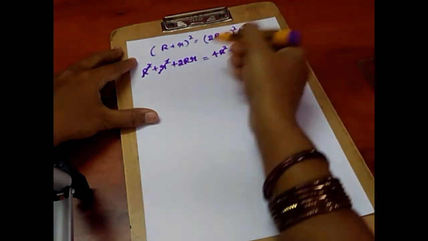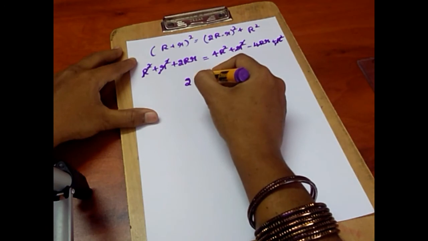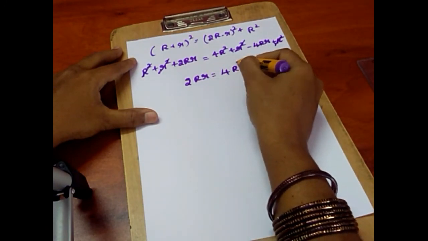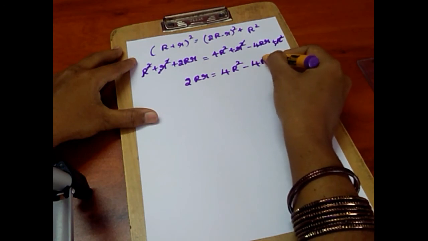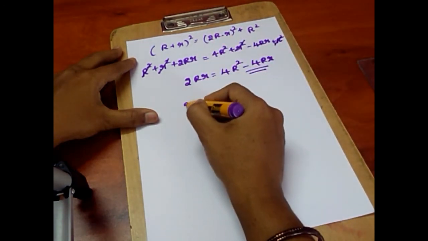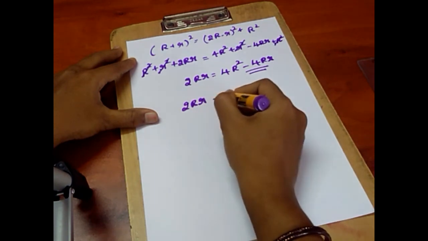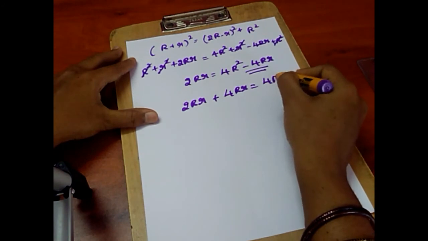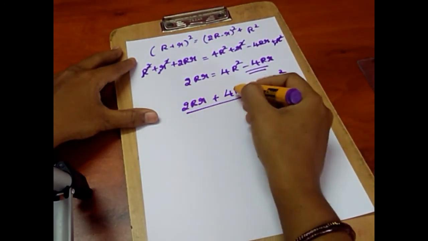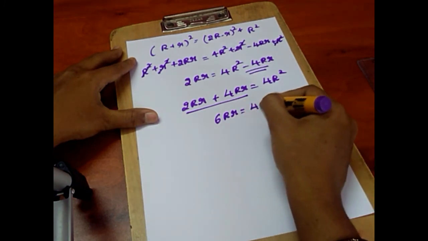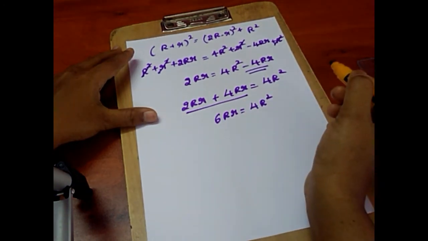Now what is remaining? 2Rr is equal to 4R square minus 4Rr. Bring this to the other hand side. 2Rr plus 4Rr is equal to 4R square. 4 plus 2 is 6, so 6Rr is equal to 4R square.